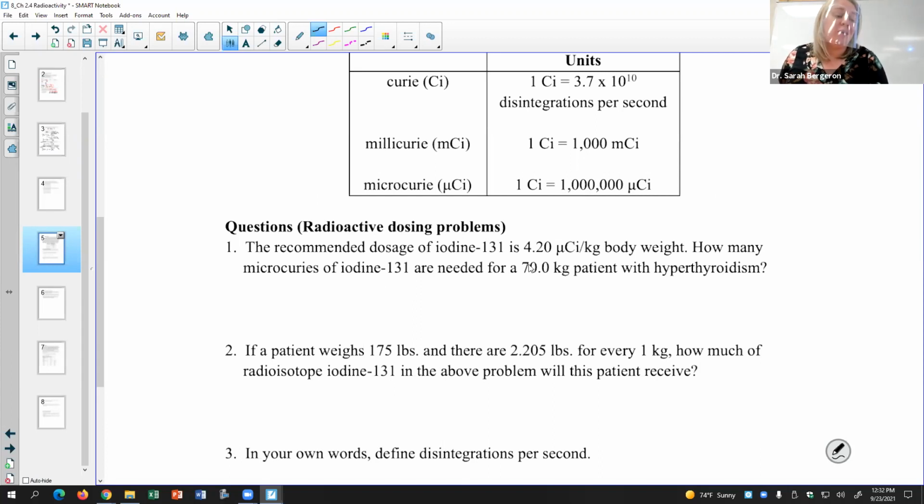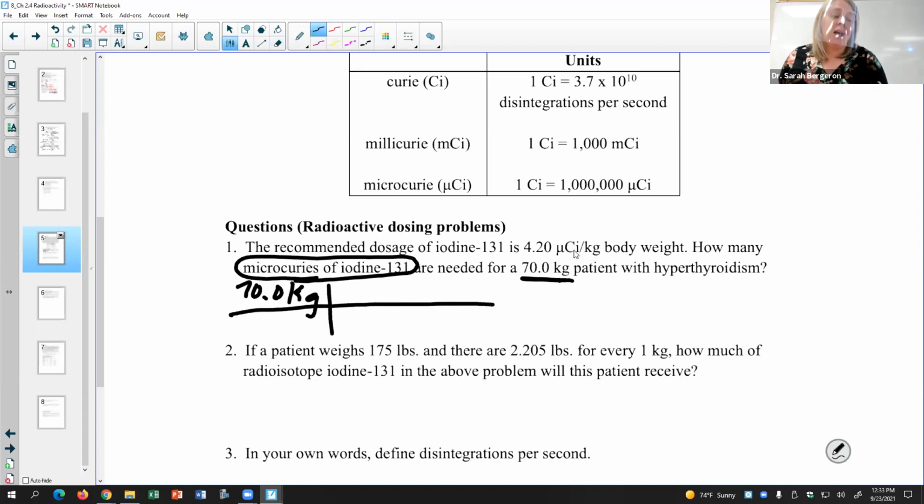So I would start with the simplest piece of data, right? We have a 70 kilogram patient, right? But what do I want to eventually get to? Microcuries, right? Do I have a conversion factor inside the problem that gives me that conversion? Yeah, I can go from kilograms to microcuries right there.